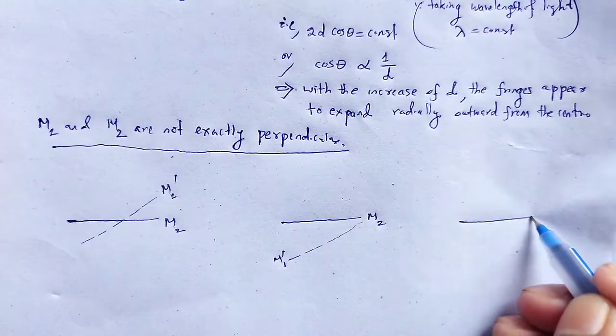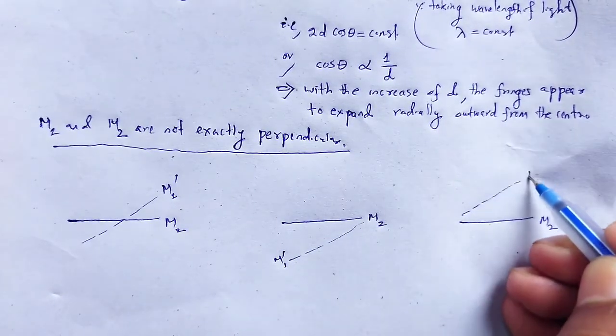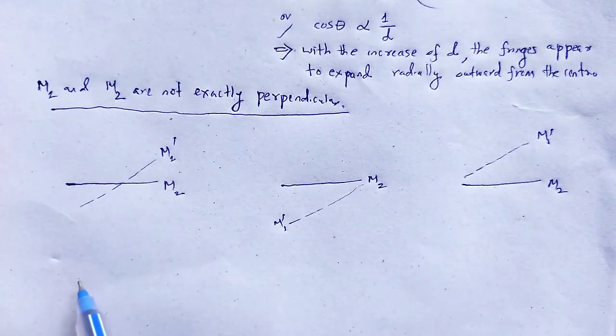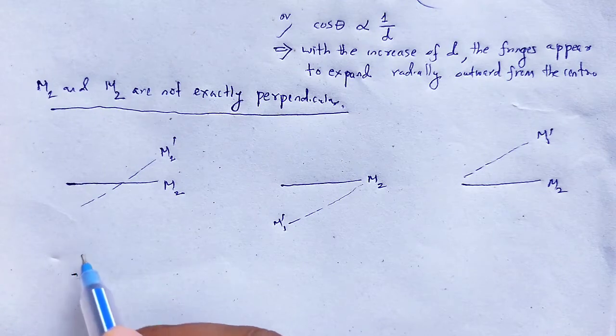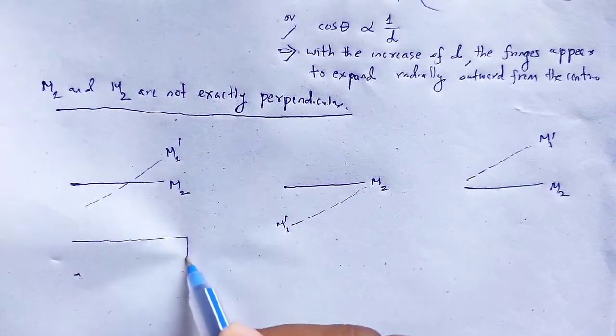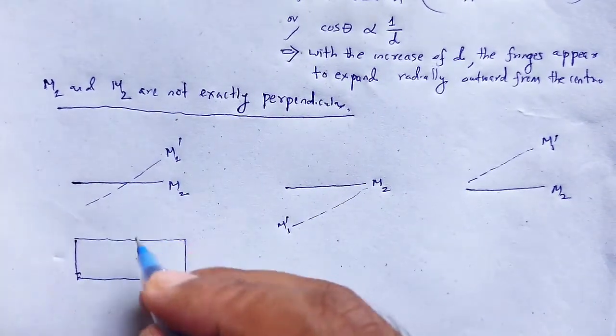Another approach, M2, M1 dash. In that case, we observe the interference pattern just like this.